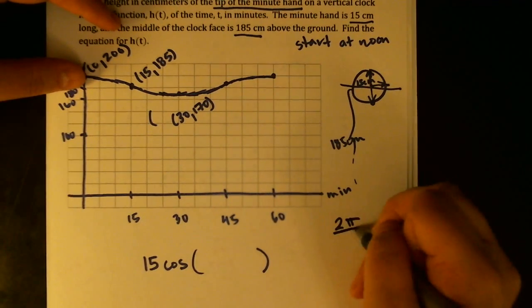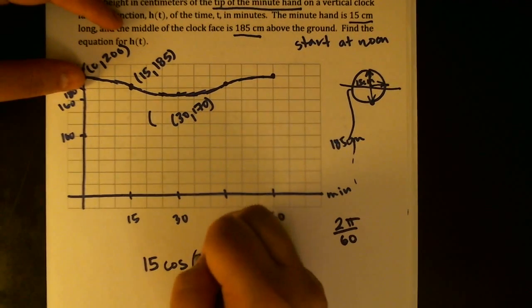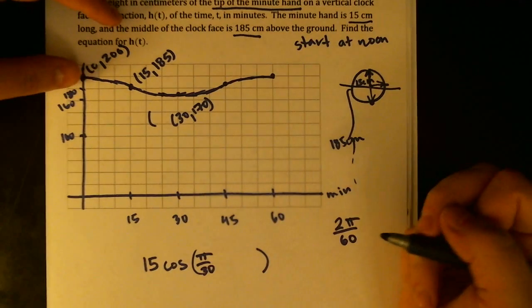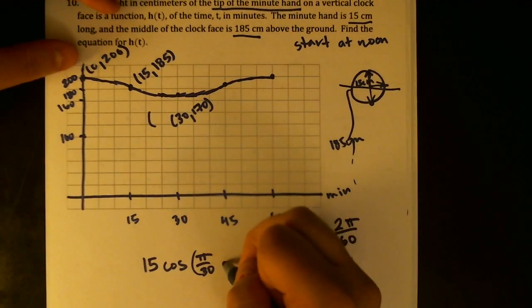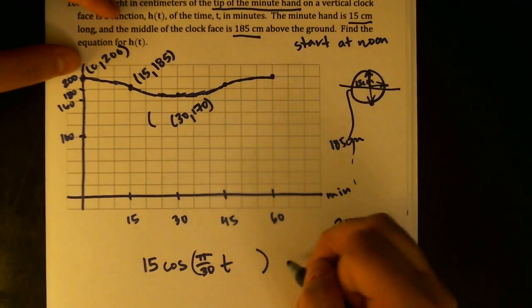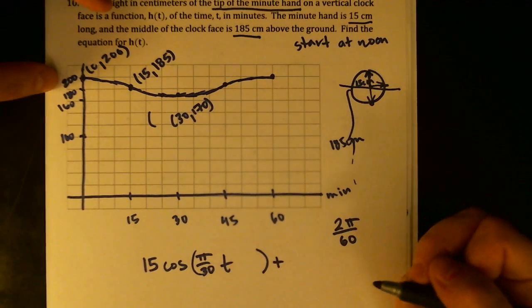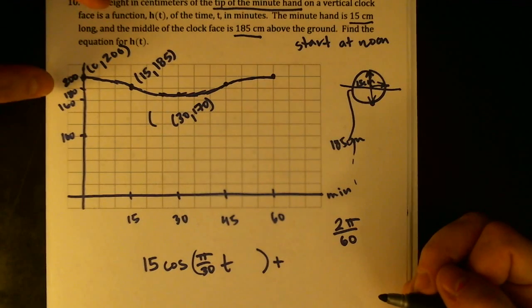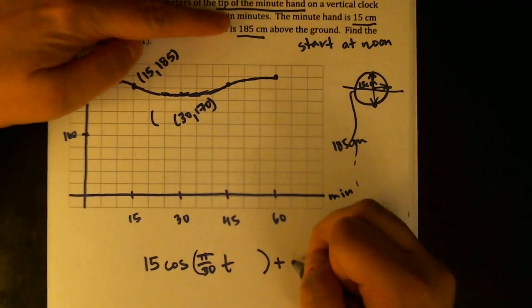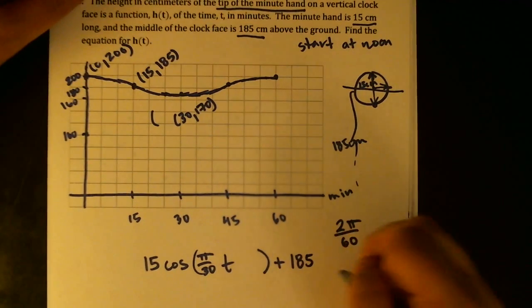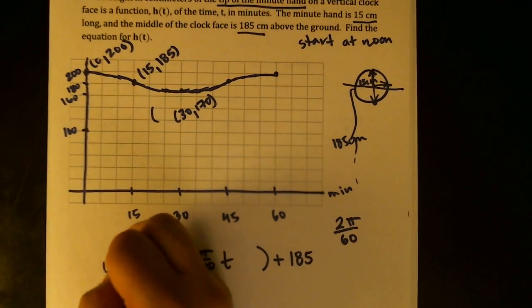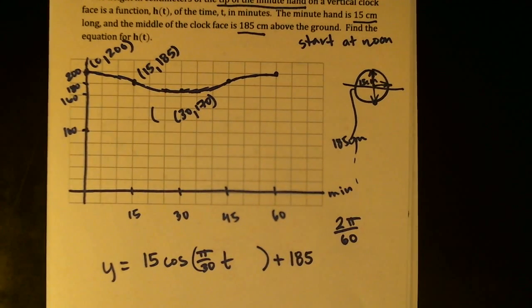So if I take 2 pi and divide it by 60, I get pi over 30. I'm not shifting horizontally, so I'll just put a t in there. I do want to shift vertically. So the equilibrium, the middle of the clock face, is the 185 centimeters. So this is my formula.